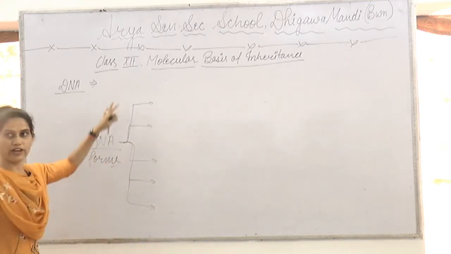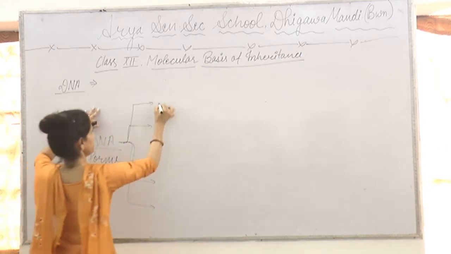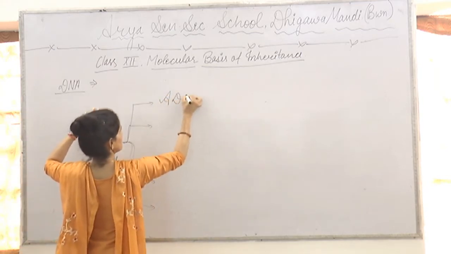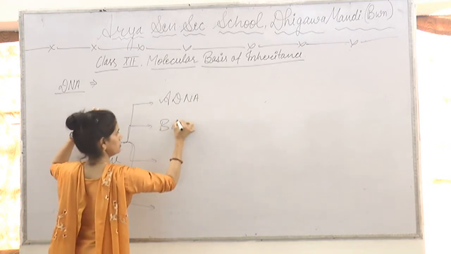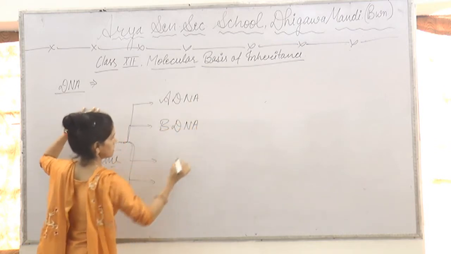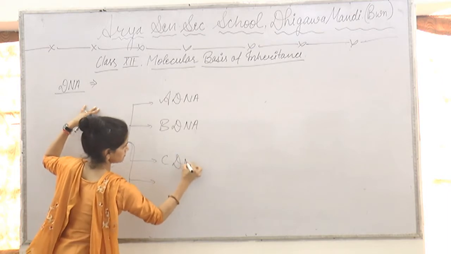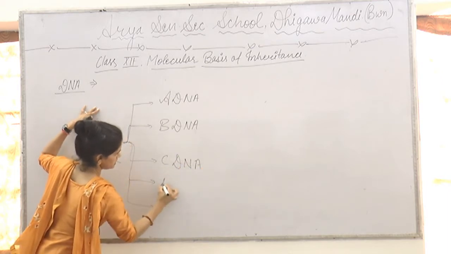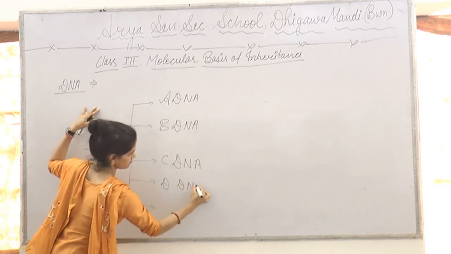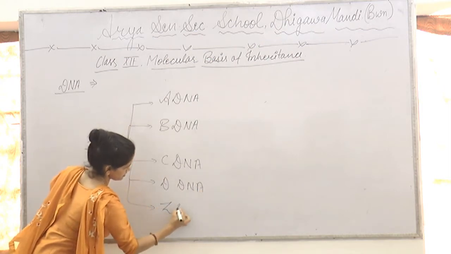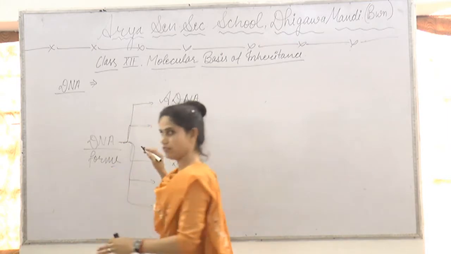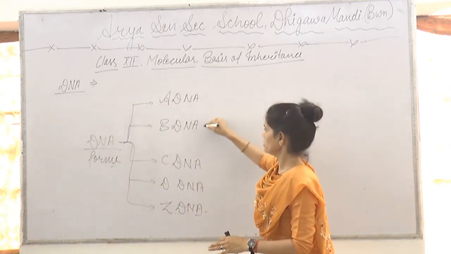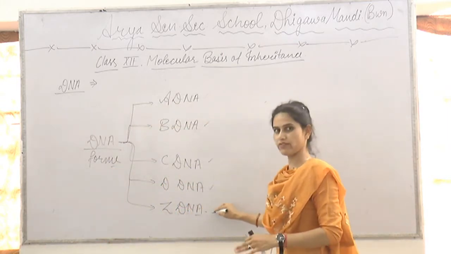So there are 5 DNA forms: first aDNA, second bDNA, cDNA, dDNA and gDNA. These are the 5 forms of DNA: 1, 2, 3, 4 and 5.